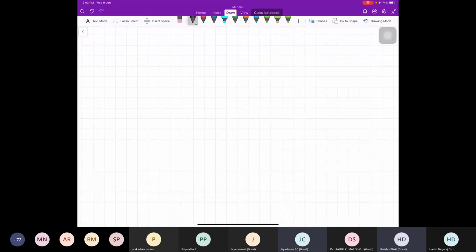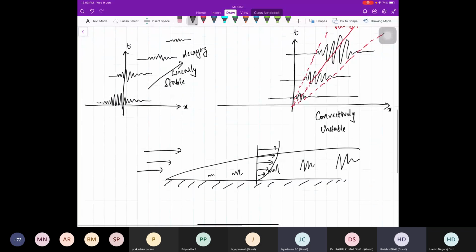Whether this convectively unstable system grows downstream, you told. My question is whether it will mitigate after some time, or it will grow indefinitely.